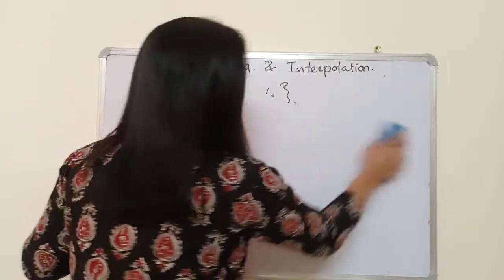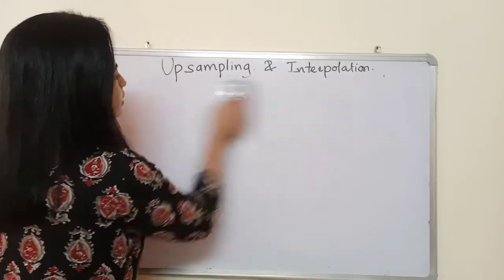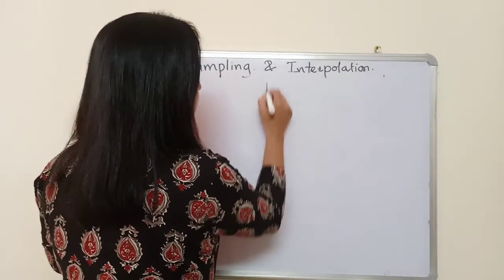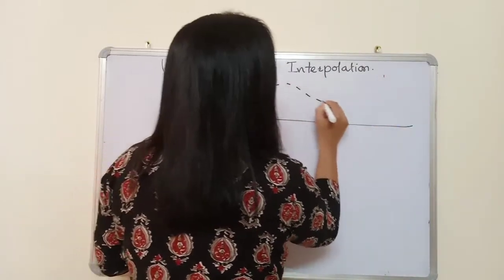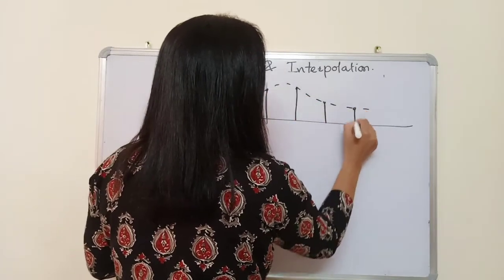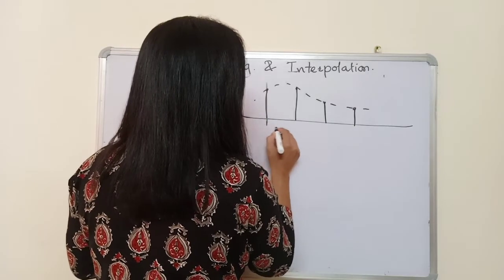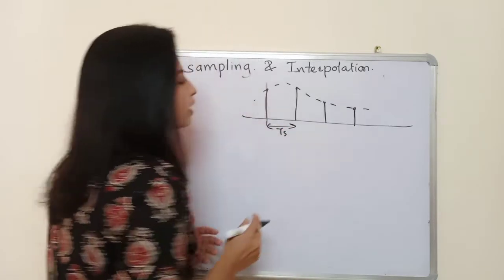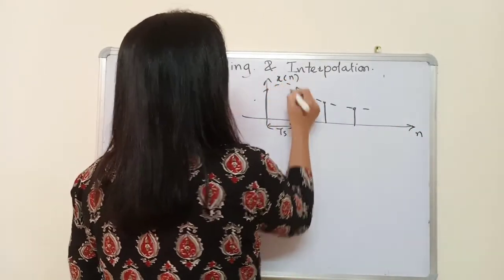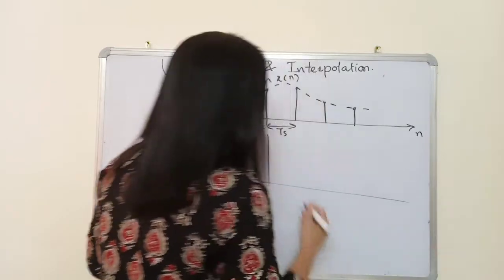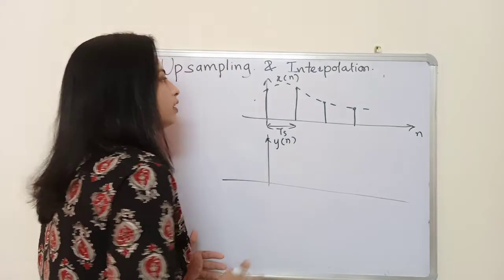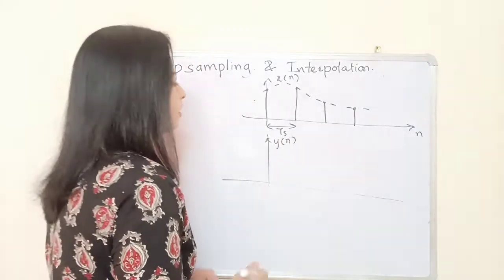So we'll draw the signal and let us see what happens to the signal. Say for example this is the signal which is already a sampled signal, having some sampling time interval Ts. So let us call the signal x of n the input signal, and we want a signal which has zeros inserted in between. So let us say this y of n is an upsampled version of x of n.